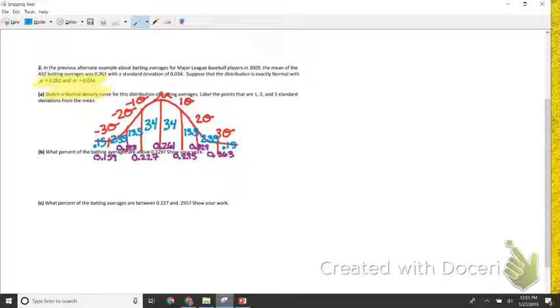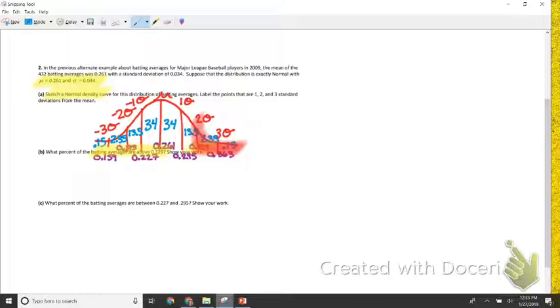So first we're being asked to find the percentage of the batting scores that would be above 0.392. First we're going to find 0.329 on our bell curve, and then we're going to shade in the part of our curve that is from that much and up. So that was at the 2 standard deviations mark.